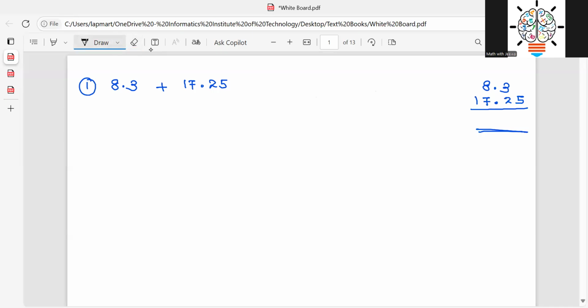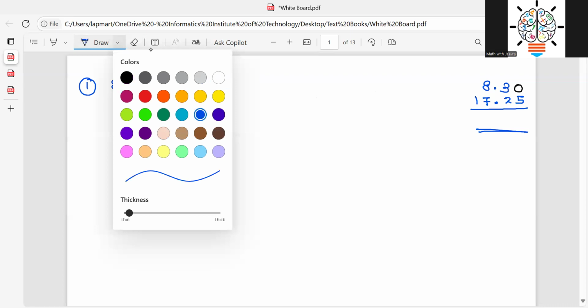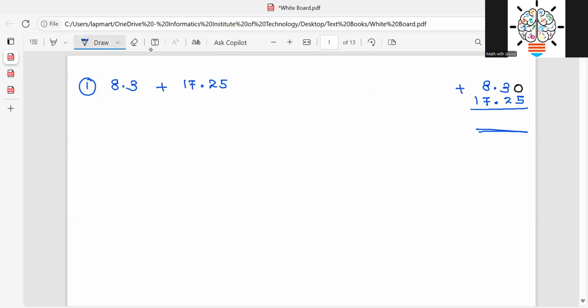Here I fill this with 0 and add them. 5 plus 0, 5. 2 plus 3, 5. 7 plus 8, 15. 1 remainder, 1 and 1, 2. So I write the answer 25.55.